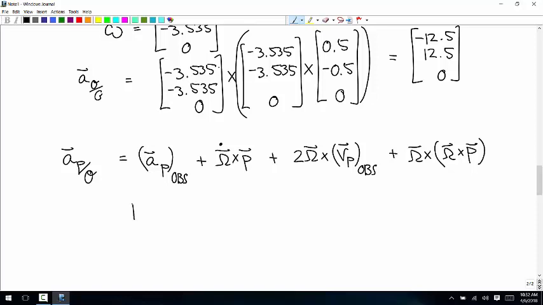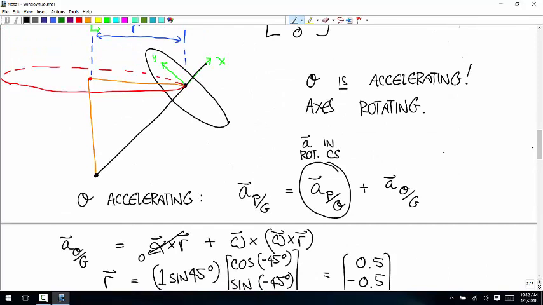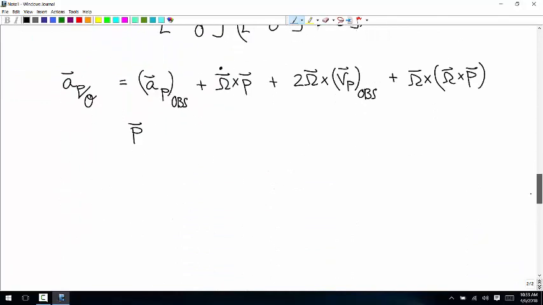Well, now our P vector is simpler than it was before, because instead of the P vector being this vector plus this one, we're just going from this origin to here. The P vector is just 0, negative 6, 0. You know what I mean, Scott.